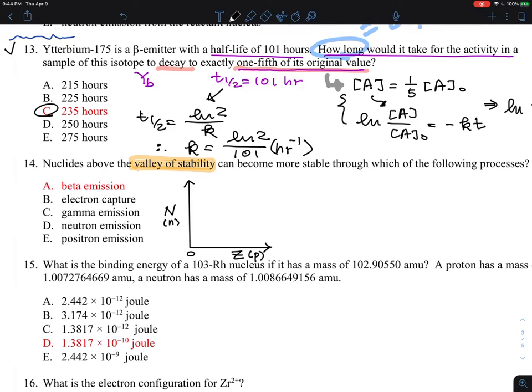Then I am going to put a dotted line. This line is called N over Z equals 1, which means the number of protons and the number of neutrons are the same.